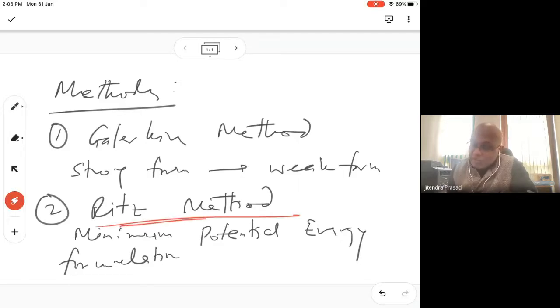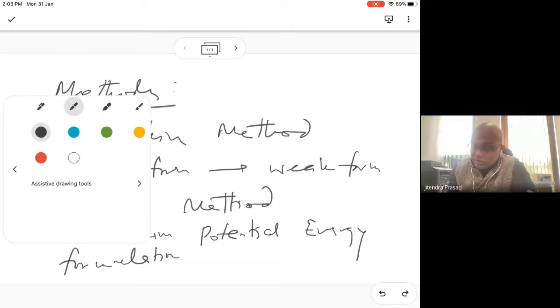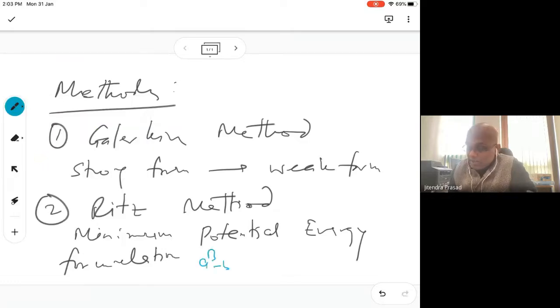Regarding this method, we tried to solve a problem. Remember, there was some error, and I also posted about it. Although I correctly wrote this formula, a cube minus b cube equals a minus b times a square plus ab plus b square, while really implementing it, I used minus instead of plus here.